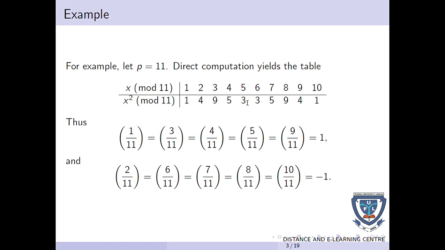And x squared modulo 11 will give us 1, 4, 9, 5, 3, 3, 5, 9, 4, 1. However, the quadratic residues that we have here are 1, 3, 4, 5, and 9, while the non-quadratic residues from this table are 2, 6, 7, 8, and 10.